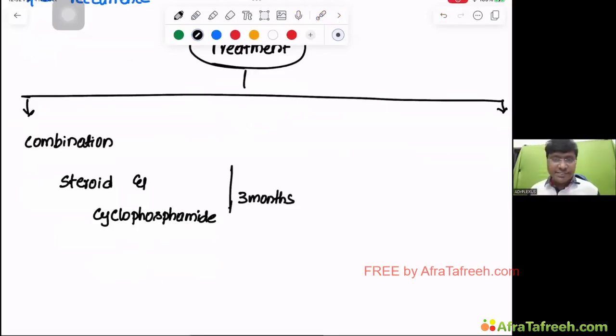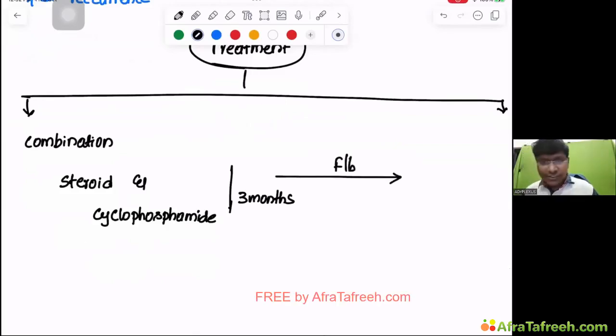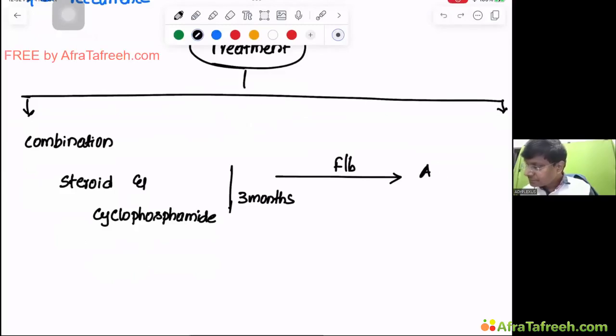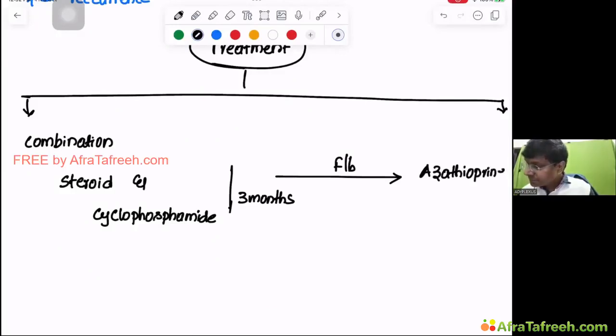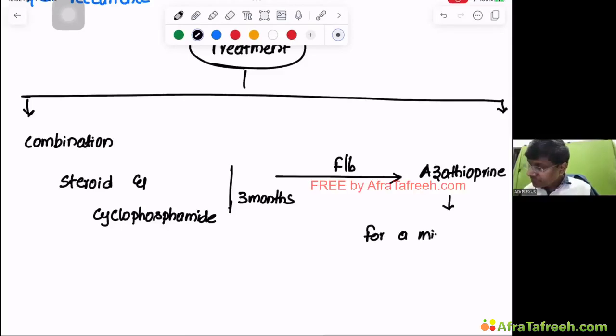And after giving steroids and cyclophosphamide for 3 months, this should be followed by supplementation of azathioprine. This azathioprine should be given for a minimum of 2 years.